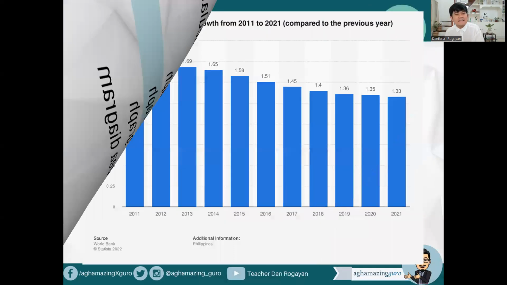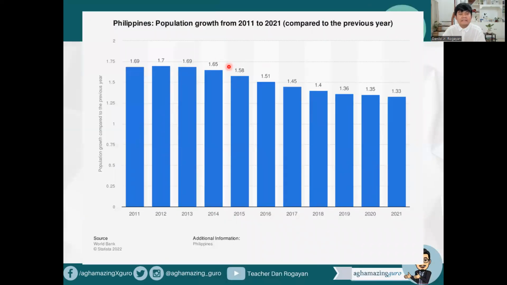Okay? So this is an example of a bar graph now representing the population growth from 2011 to 2021 compared to the previous. You can see there is actually a decreasing trend of our population growth in the country. In 2021 alone, the population growth is pegged at 1.33.